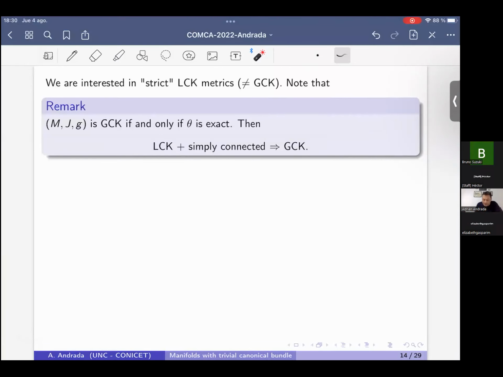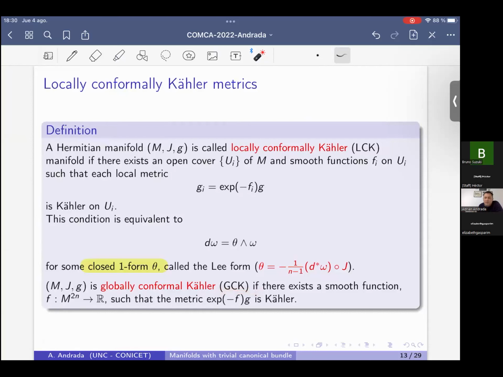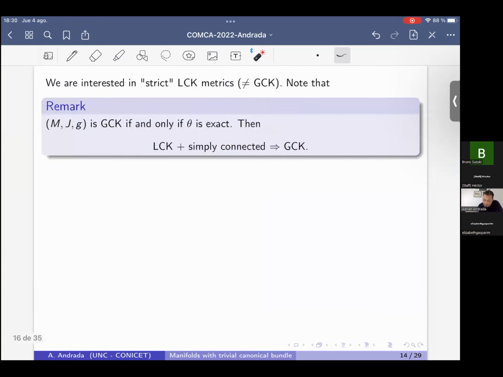But we're interested in strict LCK metrics, which are not global, because if it's globally conformally Kähler, we know a lot about it because actually it's Kähler. So we know about their topology, their Betti numbers. We want to produce the other ones, which are really only locally conformal to a Kähler metric.